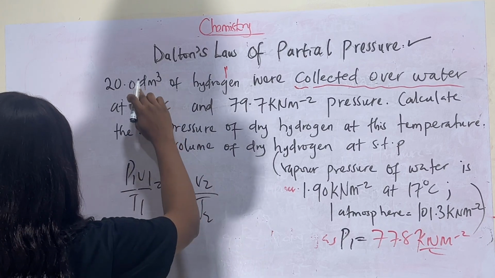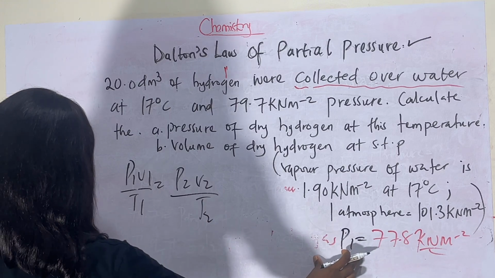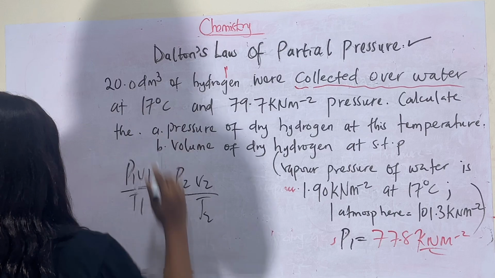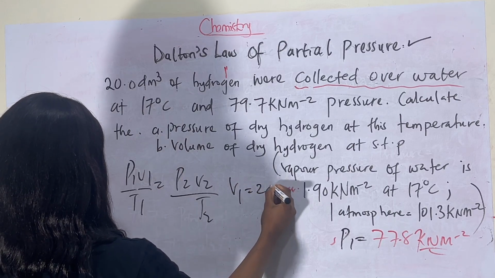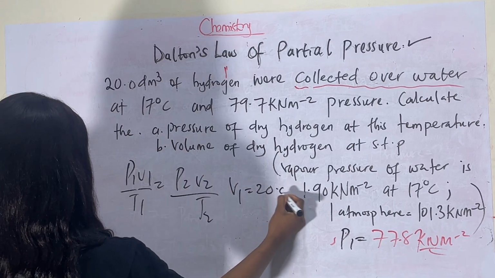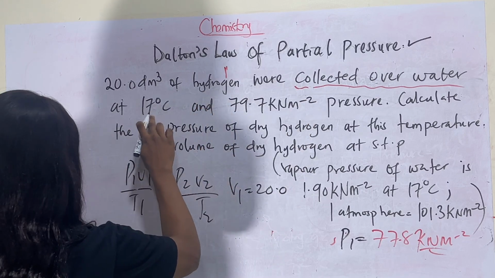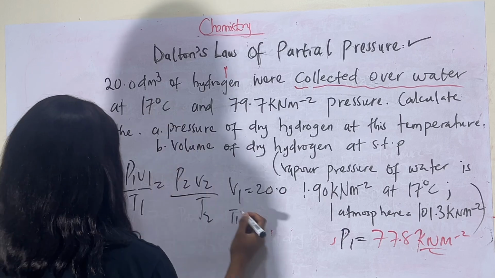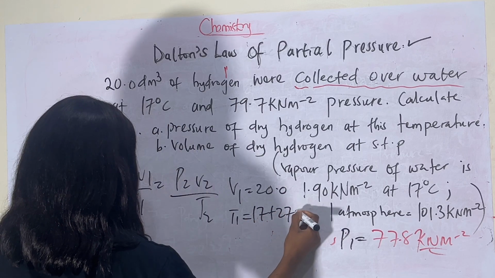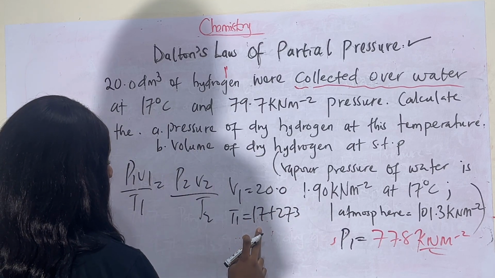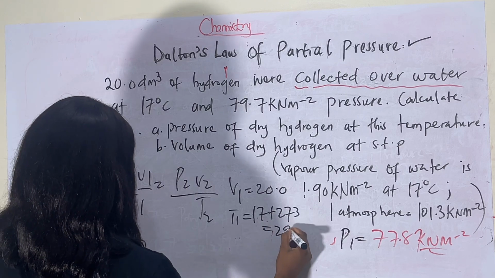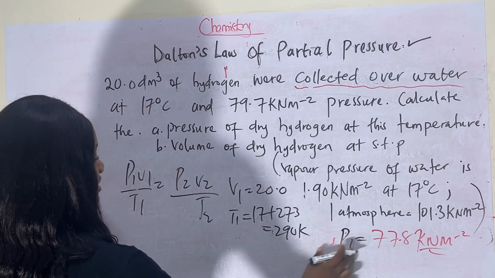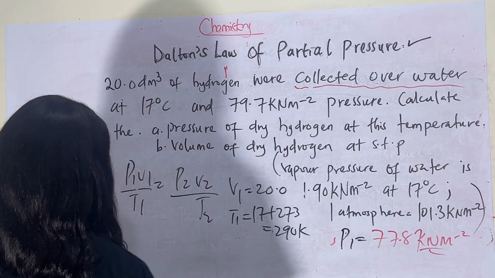Remember the question started with 20 dm cubed, so this becomes my V1, which is 20.0. The gas was collected at 17 degrees Celsius, so my T1 is equal to 17 plus 273, which gives me 290 Kelvin.